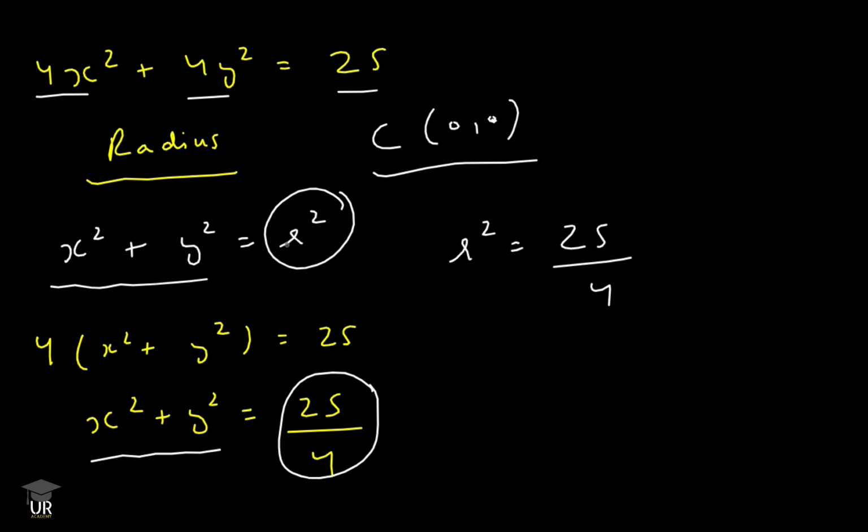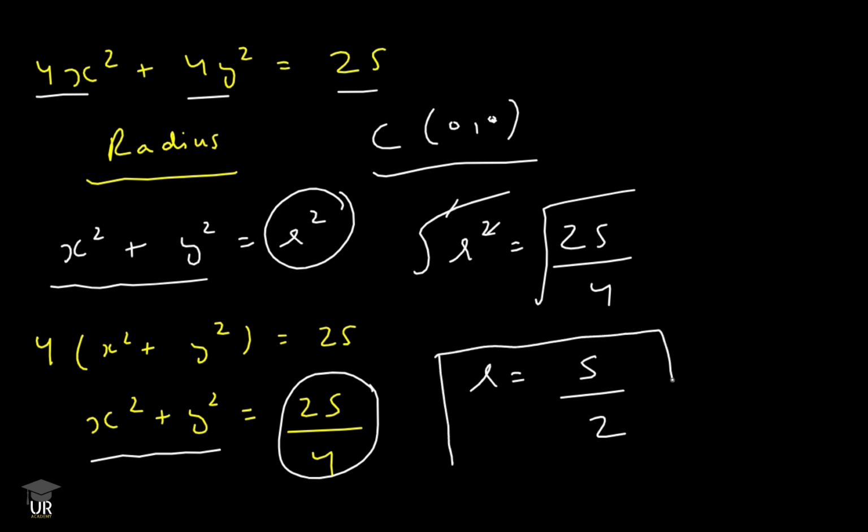So now what we need to do is that we can simply use the under root on both the sides. So this will become, the square root of 25 is 5 and square root of 4 is just 2. So the radius for this will be 5 upon 2.